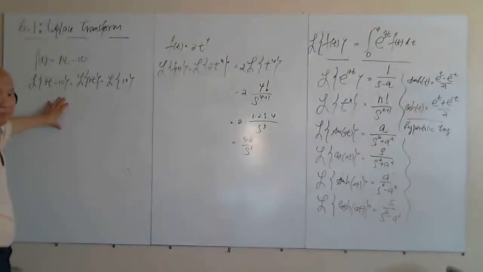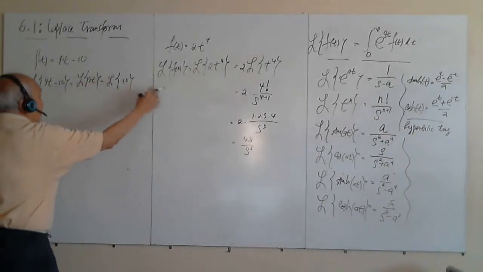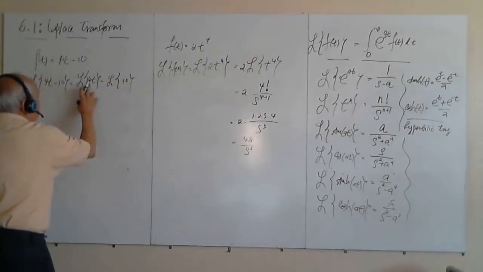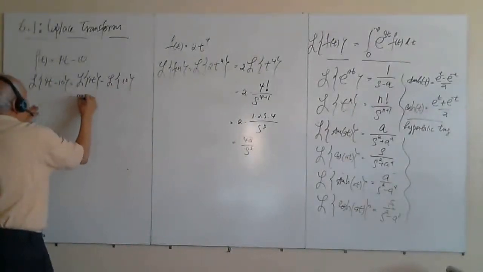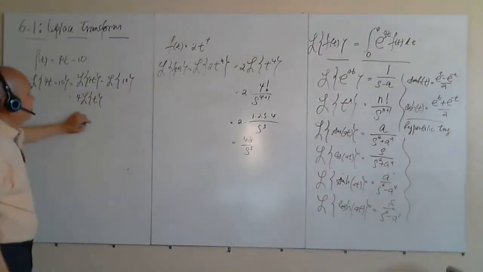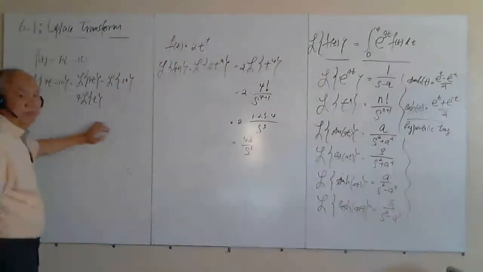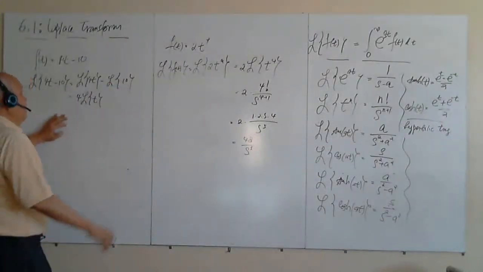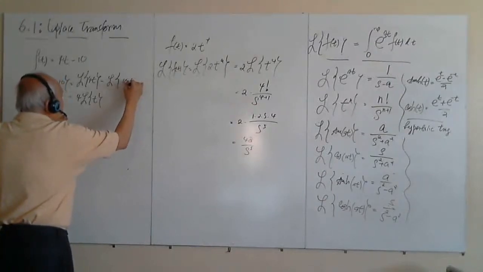Okay. And then look at this one here. Just the way that I explained a while ago, whenever you see a constant coefficient, you can take it out. It's going to be 4 times the Laplace transform of t. Am I correct? Right. Now this one is 10. Am I correct? Yes. Now here, we can pretend that we have t to the 0.